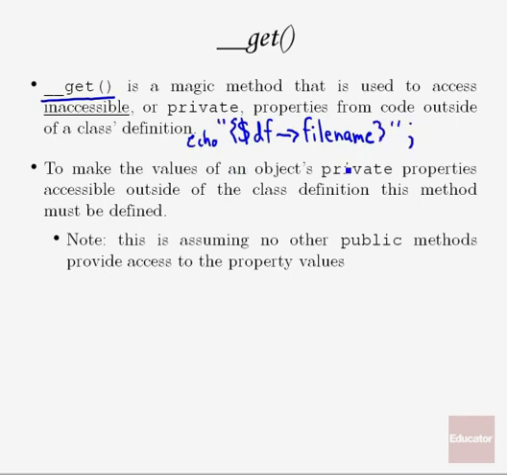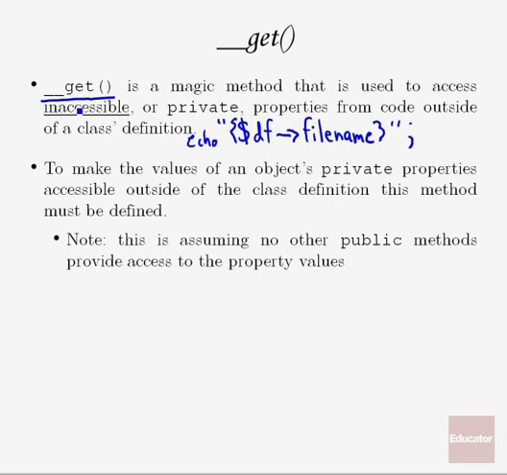When we tried to do this before, we got an error saying the file name is a private property. However, if we define this magic method get, anytime PHP encounters you trying to access a private object property, it's going to invoke this get method that you can define, and it's going to allow you the ability to provide access to those private property values if you want.